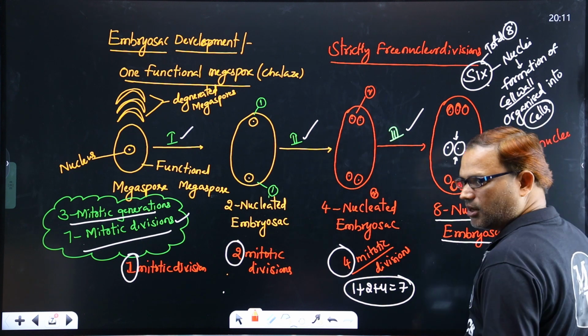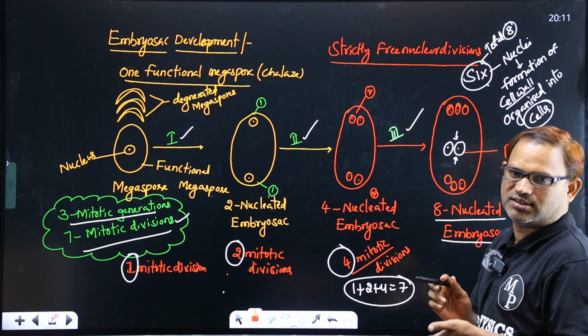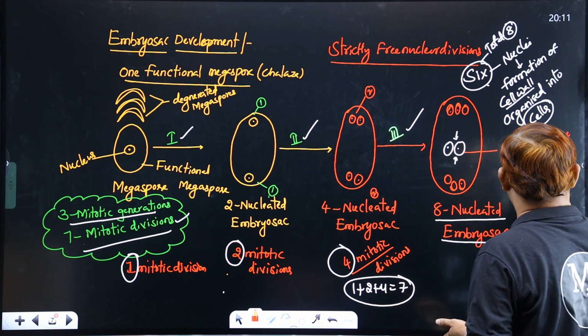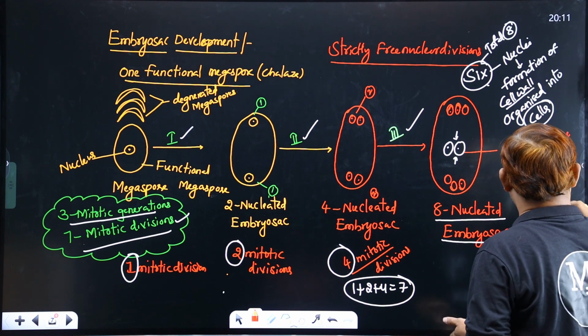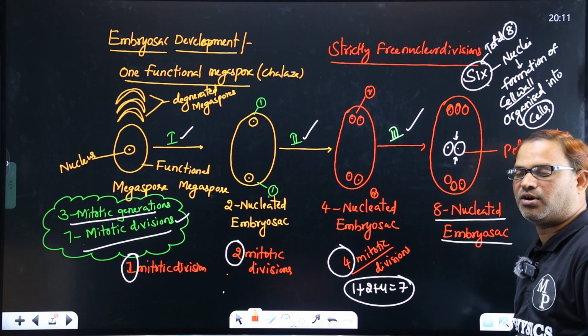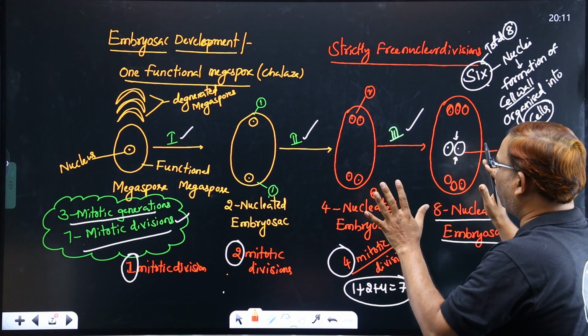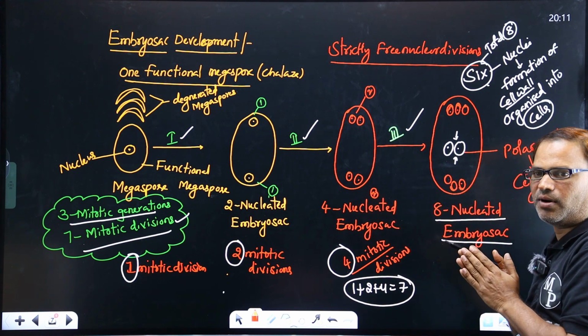These 2 polar nuclei are present in one large cell, which is called the central cell.